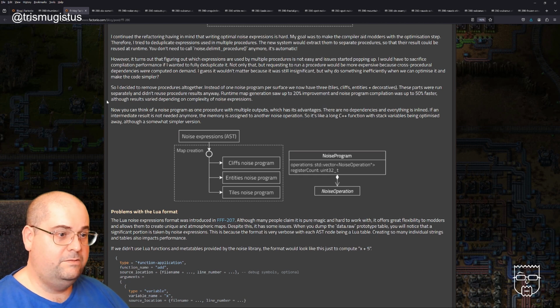Now you can think of a noise program as one procedure with multiple outputs, which has its advantages. There are no dependencies and everything is inlined. If an intermediate result is not needed anymore, the memory is assigned to another noise operation. So it's like a long C++ function with stack variables being optimized away, although a somewhat simplified version.